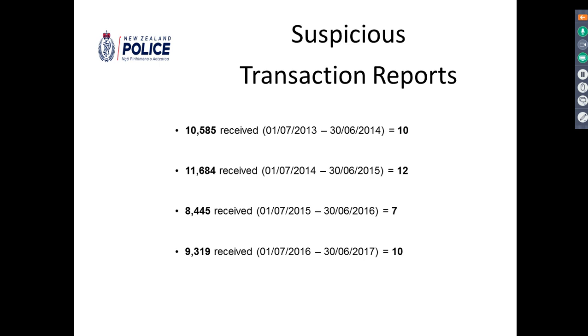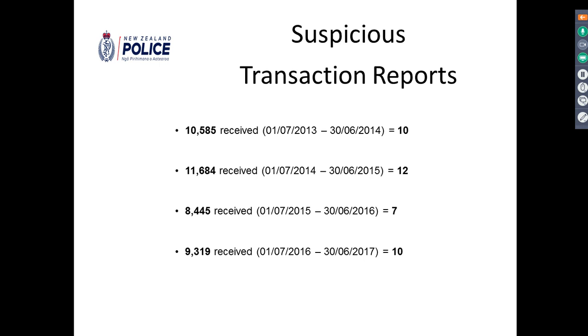So they're looking at real estate, they're looking at buying flash cars, they're looking at buying flash boats, they're looking at using trust accounts, and we can see that from the operations that have been completed by the police and other agencies over the last 3 or 4 years. These are the indications where we can help you identify some of these areas of vulnerability that we see you may face.